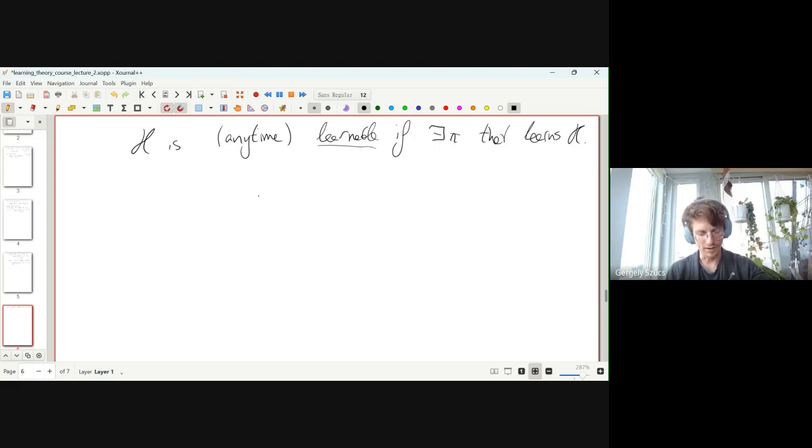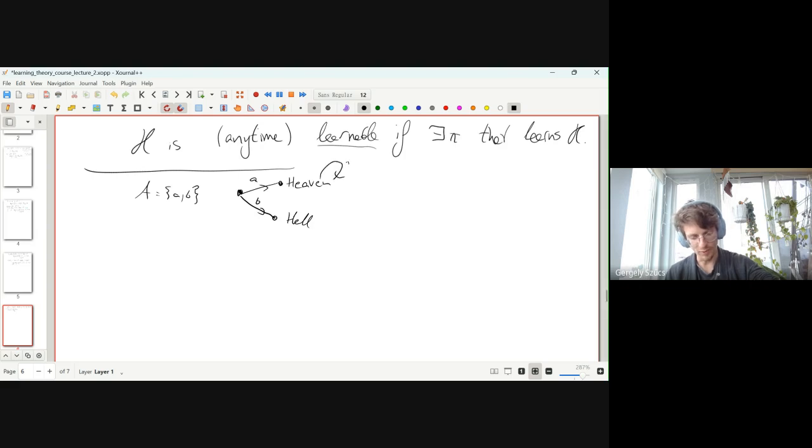Here's an example. Let's say we have two actions, A and B, and there are just two things that can happen. If you take action A, you end up in heaven. You take action B, you end up in hell forever.